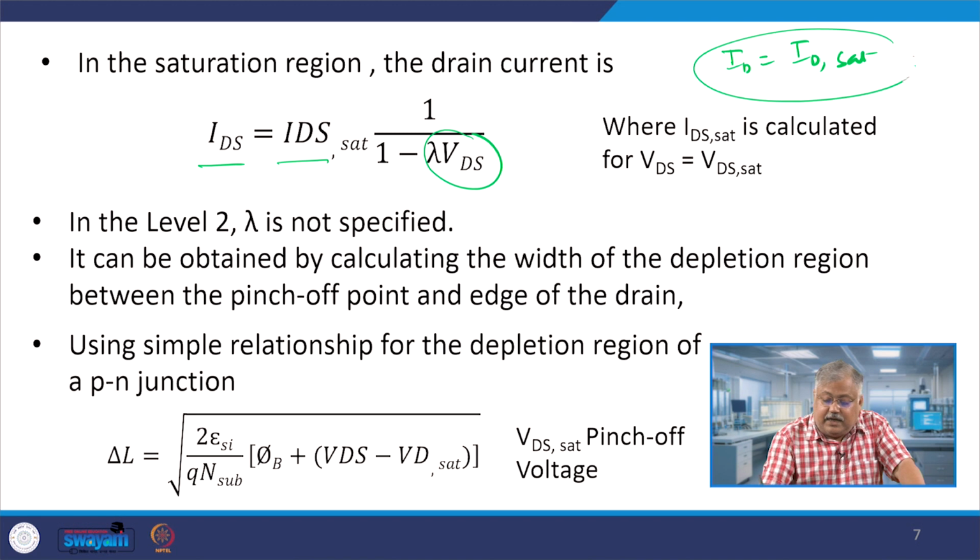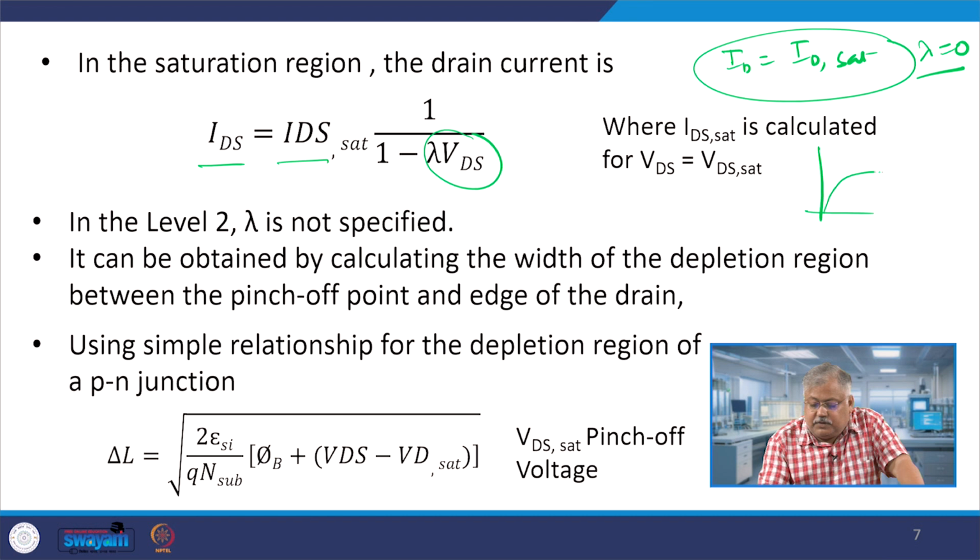In the absence of a channel length modulation effect, the drain current is exactly the same as my saturated drain current. So, this is my ID sat and my ID is this one. All my values are exactly the same, and therefore I can say ID equals ID sat when lambda equals 0, which means I am not taking any second order effect.